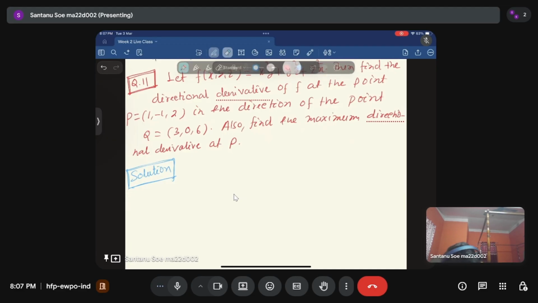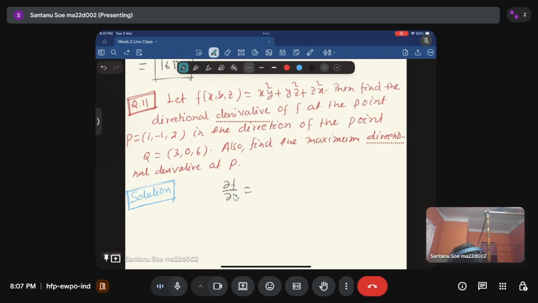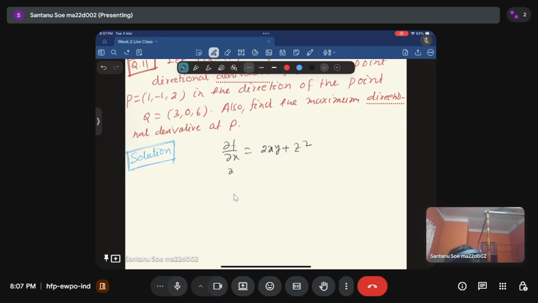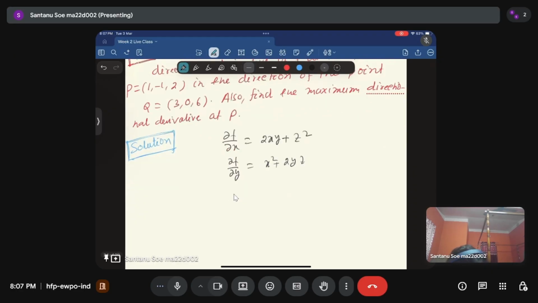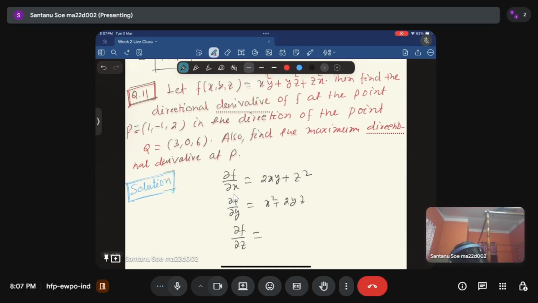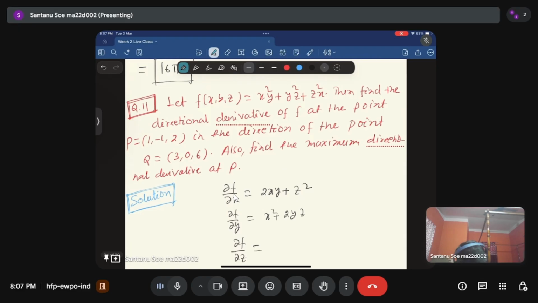So first, let us try to find del f del x. So this is gonna be 2xy plus z square. Del f del y is also x square plus 2yz, and del f del z is y square plus 2xz.